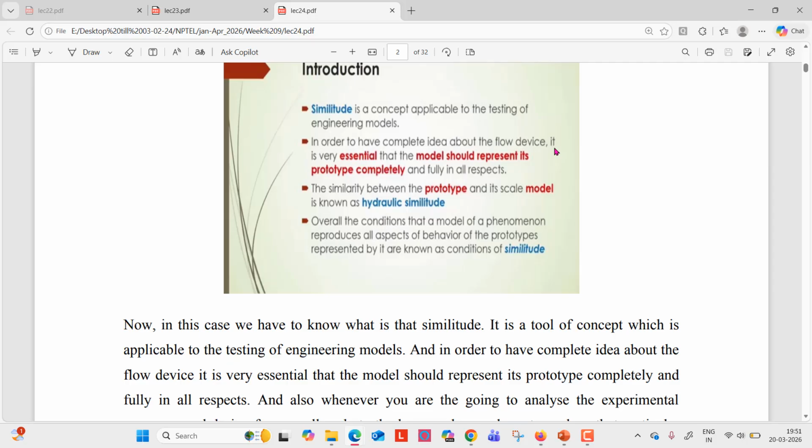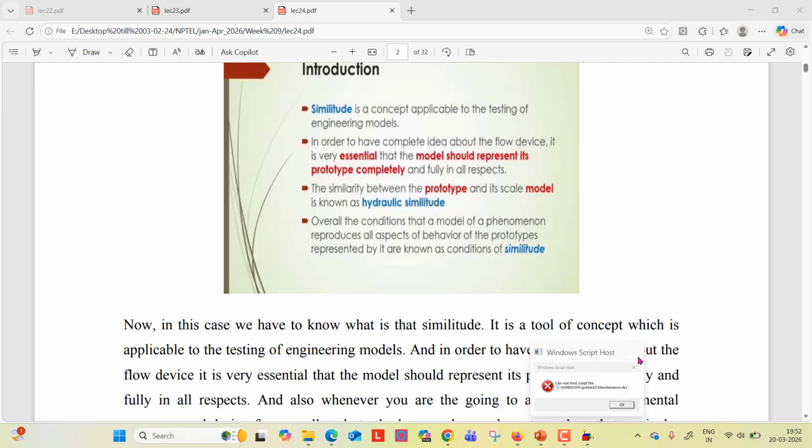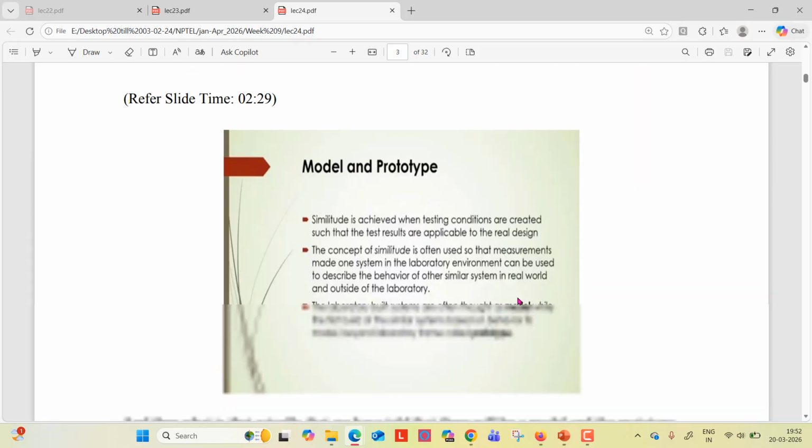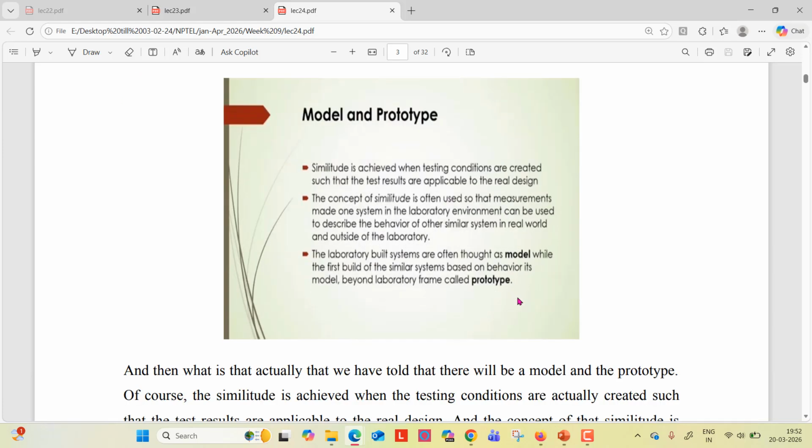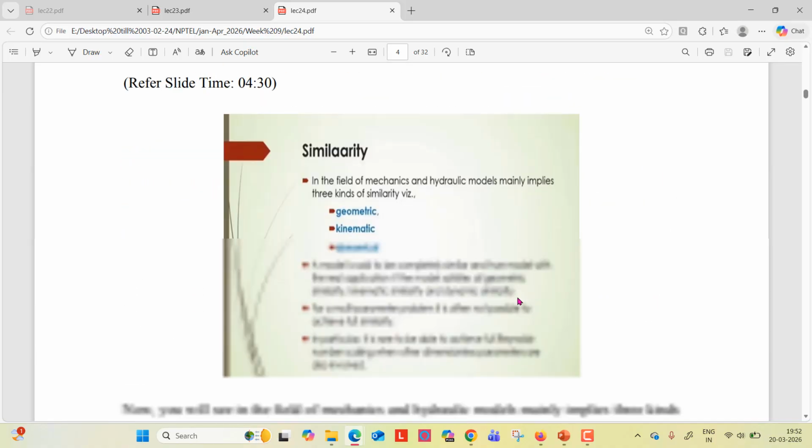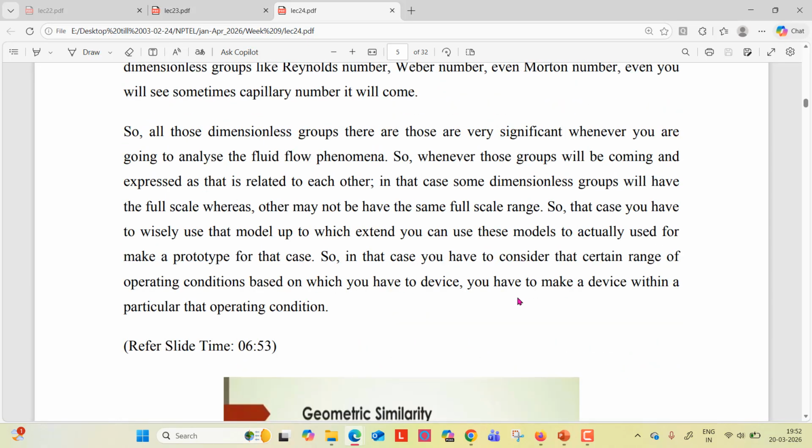Overall, the conditions that a model of a phenomenon reproduces all aspects of behavior of the prototype represented by it are known as conditions of similitude. Okay.